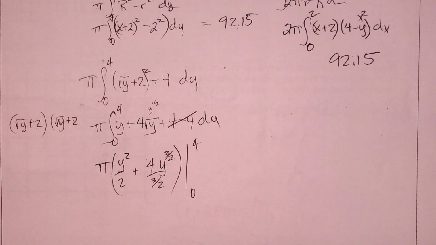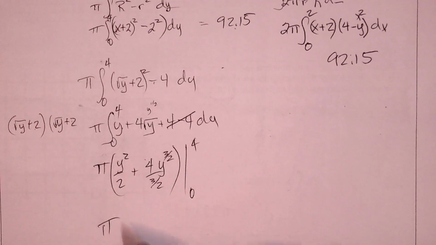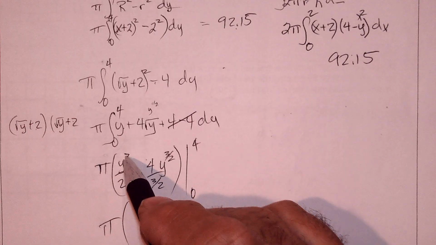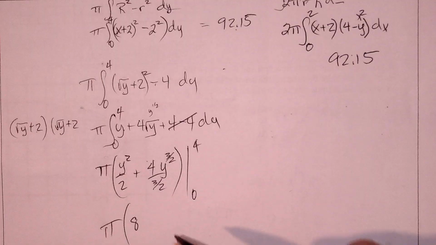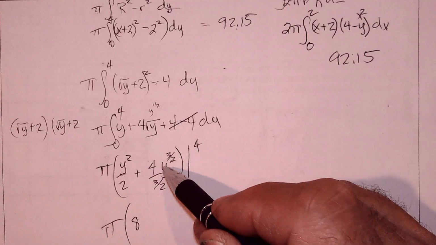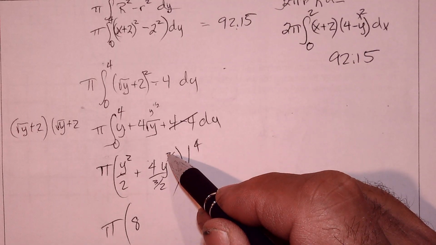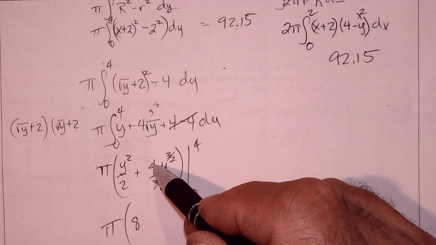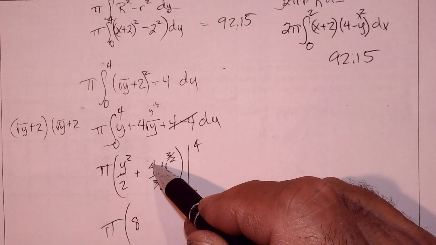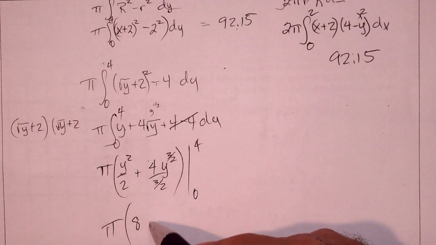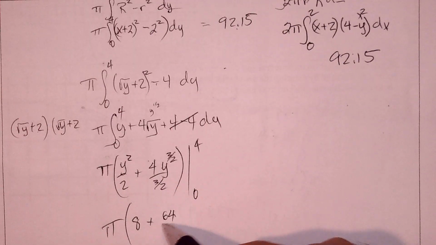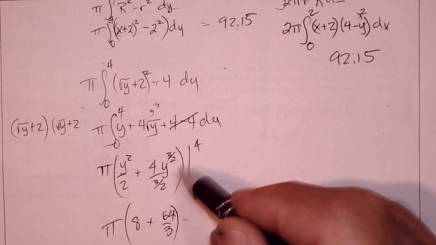And so I get pi: 4 squared is 16, divided by 2 is 8. Square root of 4 is 2. Cubed is 8 times 4 is 32 times 2, 64 thirds. Minus putting 0 in there, and I get 0.